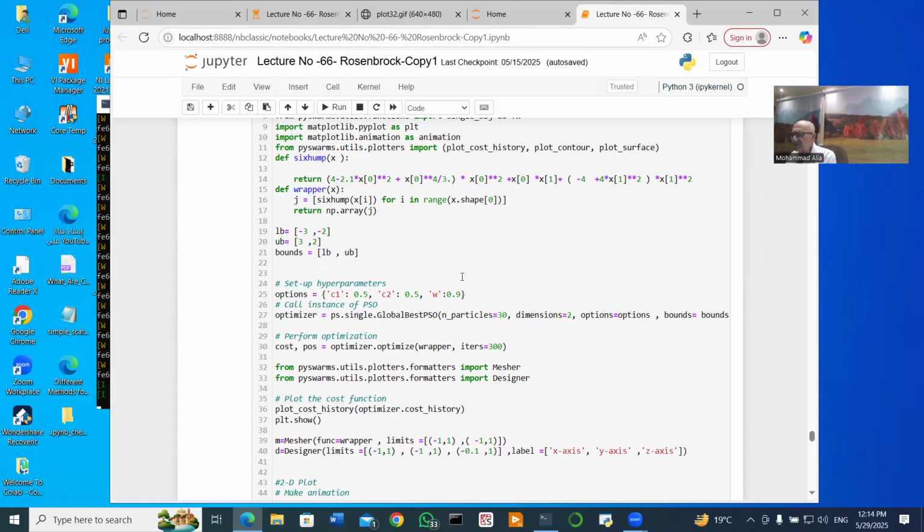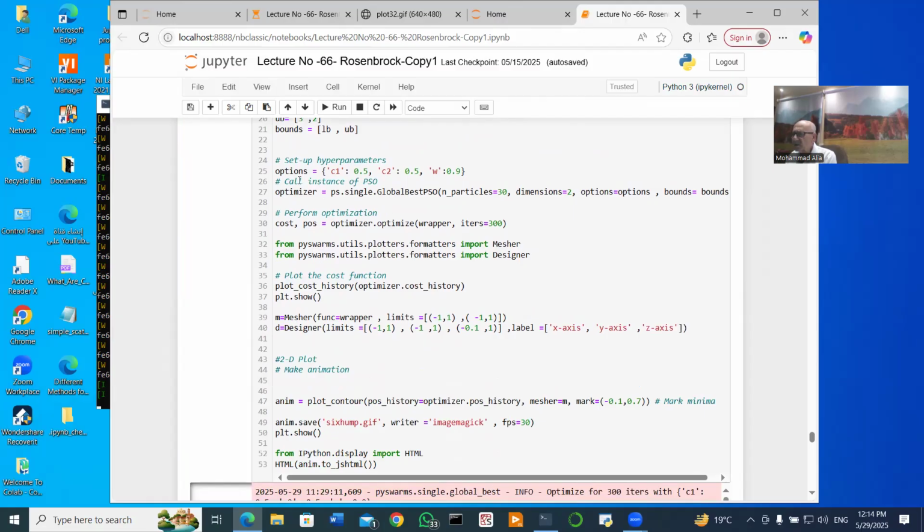Okay, now we have defined the option constants which exist in the PySwarms algorithm. We took C1 equal 0.5 and C2 equal 0.5. They are the same. And the inertia coefficient 0.9. I have explained to you many times the importance of these constants and how to select them. So now we are dealing with one objective function.